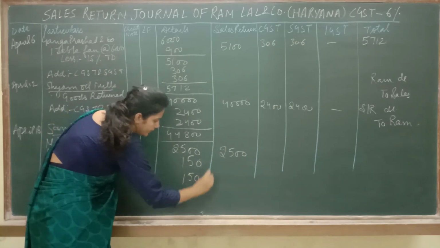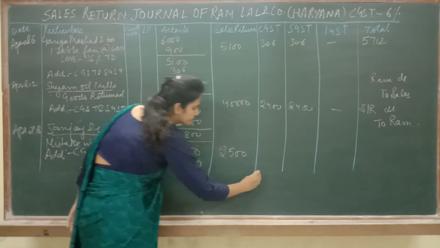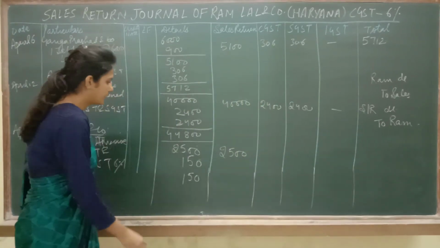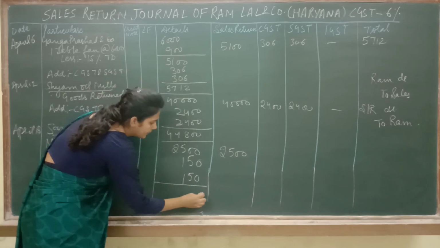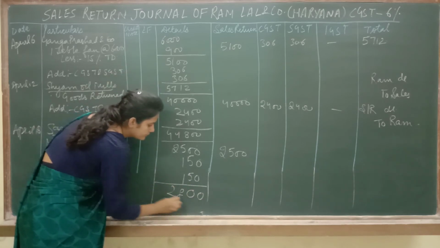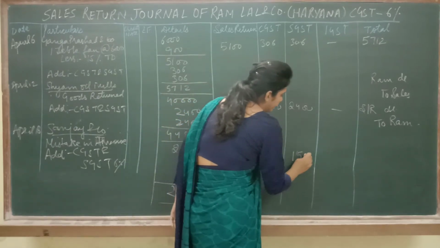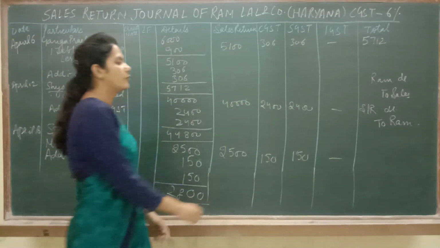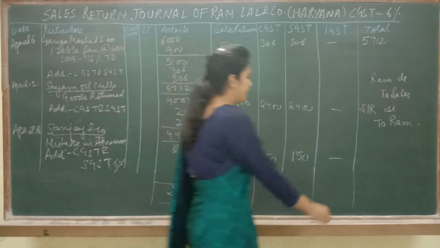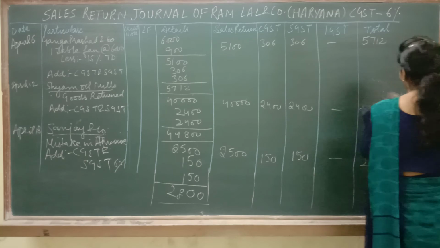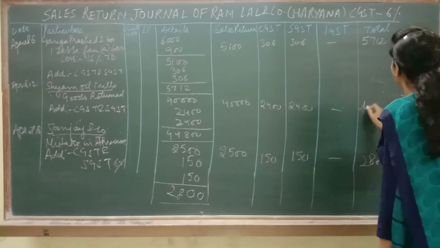So CGST 150, SGST 150. The total will be 2,800. Write 150 in this column and 150 in that column. No amount will be in IGST, and 2,800 goes in the total column.